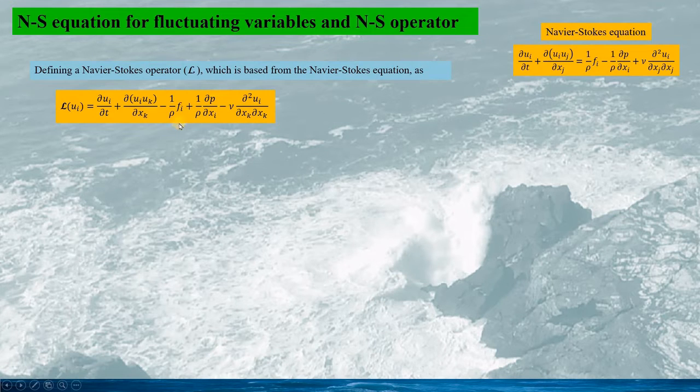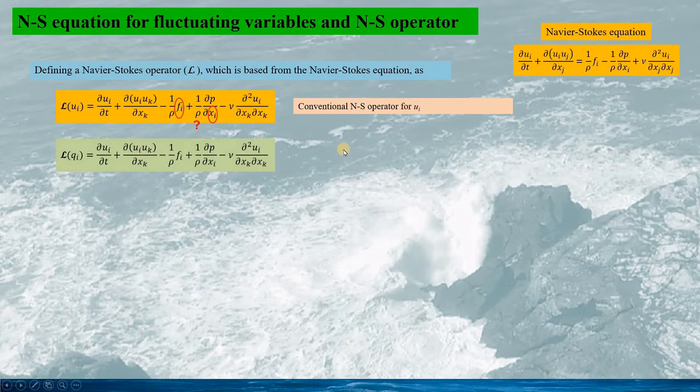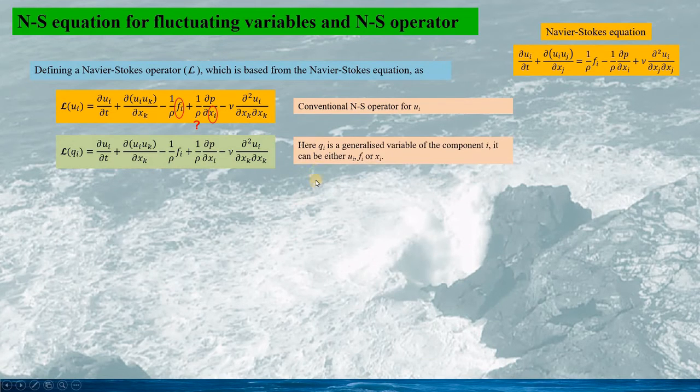However, when we define the Navier-Stokes operator, it is an operator with ui as the main variable, but it is also with some other components, here fi and xi. Thus, the author believes a better expression for the Navier-Stokes operator should be given as this.